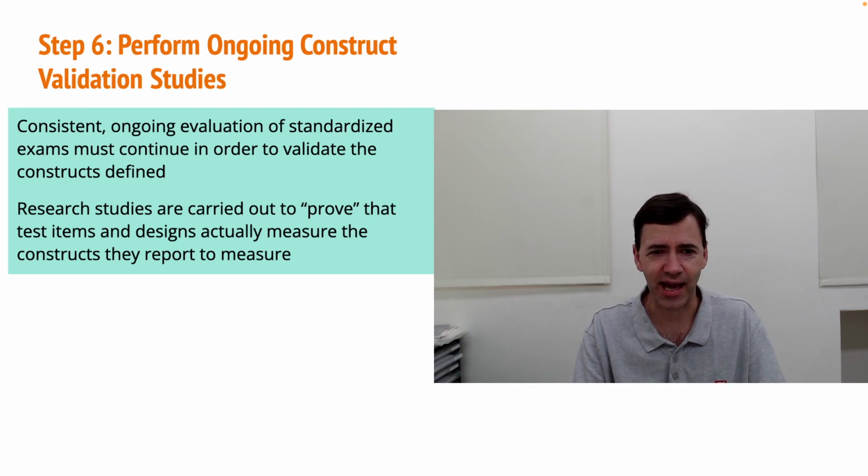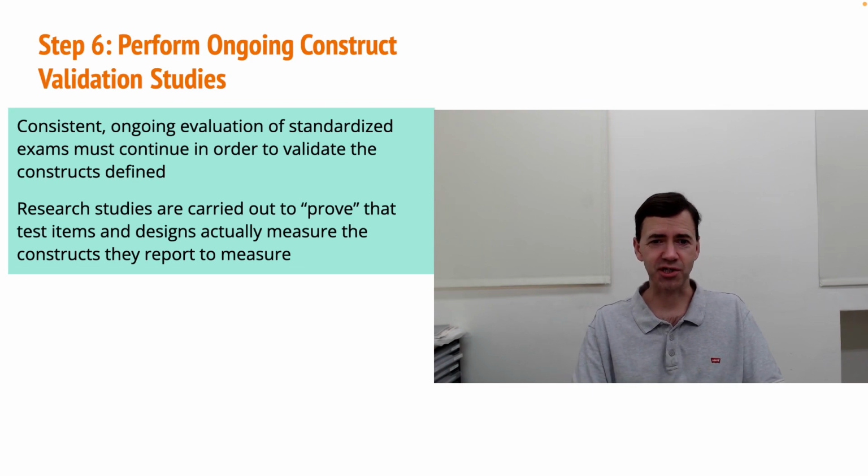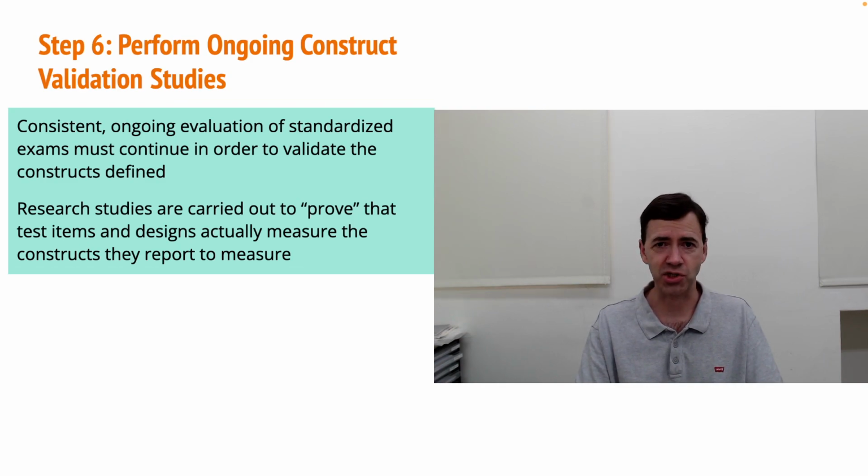And it has to happen in order to validate the constructs that are defined. How's this done? Actual research studies are carried out to prove that test items and designs really measure the constructs that they say they're measuring. And this is done by academics and people who are qualified.